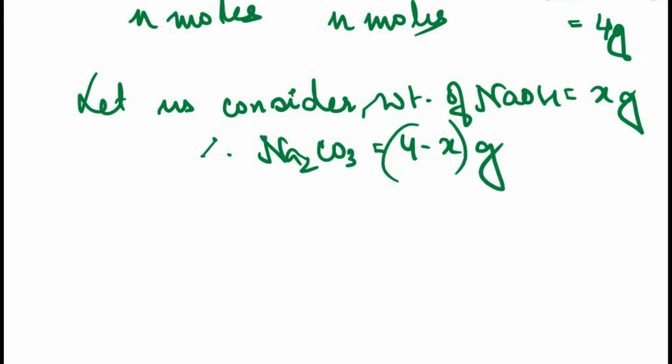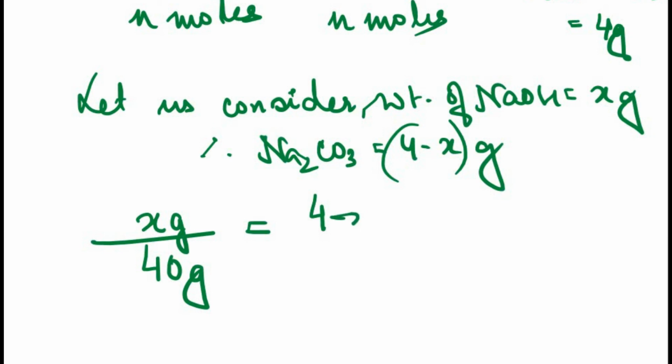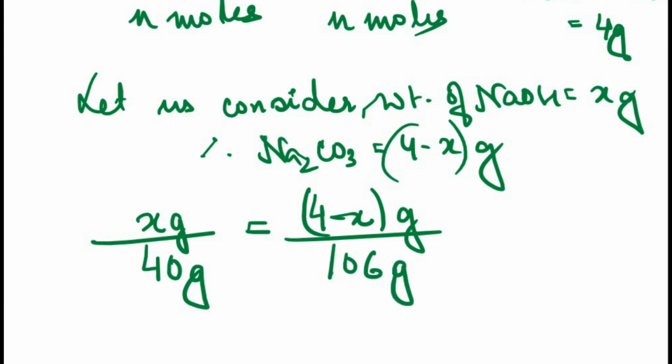Now number of moles of NaOH means given weight X gram by molecular weight of NaOH, which is 40 gram. This should be equal to number of moles of Na2CO3, where the given weight is 4 minus X gram and the molar mass would be 46 plus 12 plus 48, 106 gram. Just find out X from here.